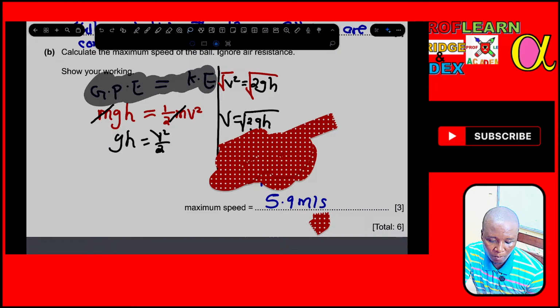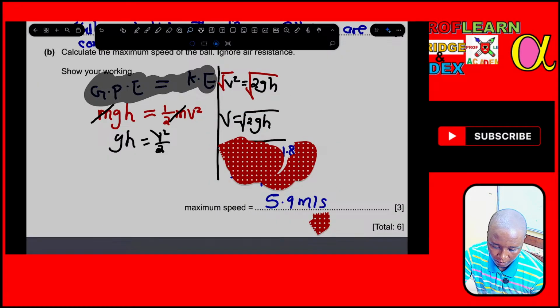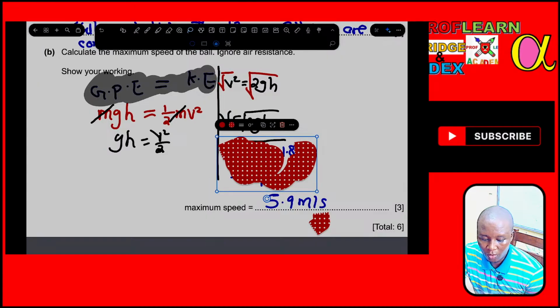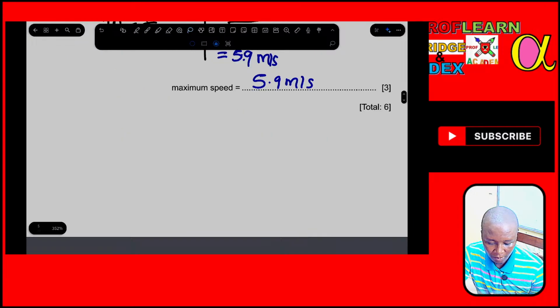Then we can make v the subject. If you work this out, you are going to realize that your speed, or velocity, is equal to 5.9 meters per second.